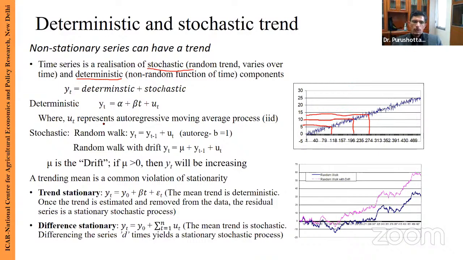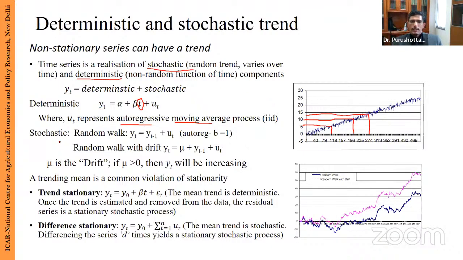If we see the deterministic trend, it is a function of time, and this u_i, the error term, represents an autoregressive and moving average process which is independently and identically distributed.